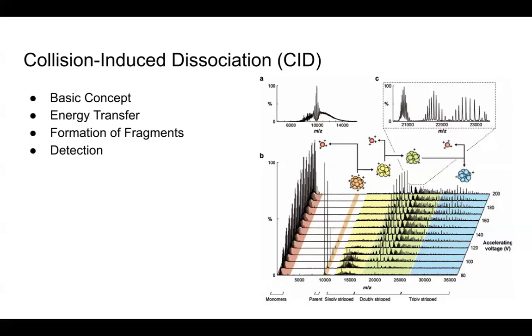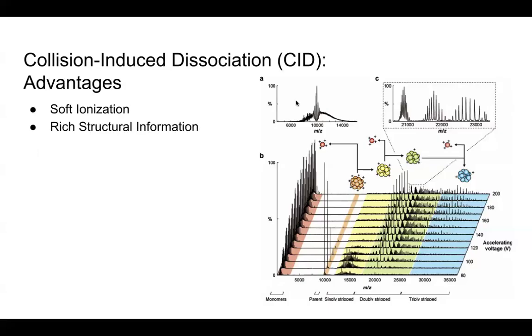So CID generally produces a series of fragment ions that correspond to the loss of specific residues or sections of the molecule, revealing information about the sequence. And then the last part would be detection. So the resulting fragment ions are analyzed using a mass spectrometer, producing a spectrum that displays the mass to charge ratios of the fragments, which can be interpreted to deduce the sequence of the parent ion.